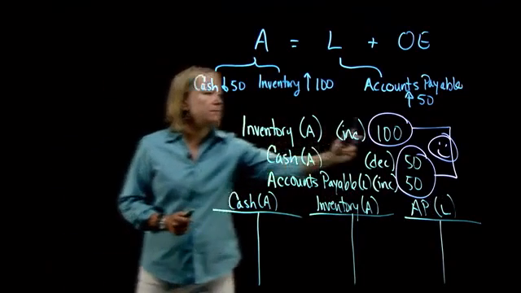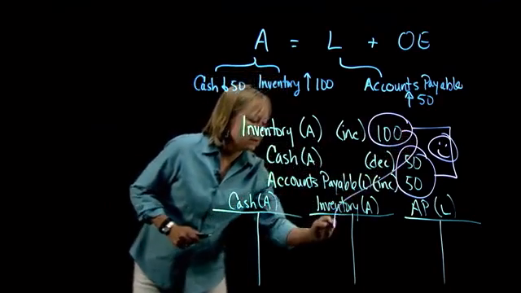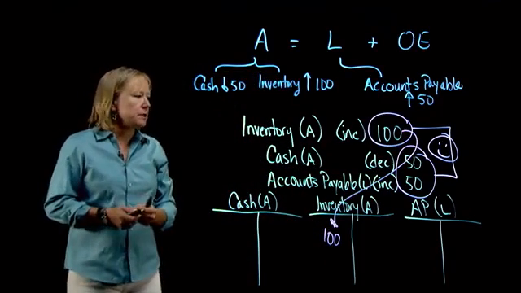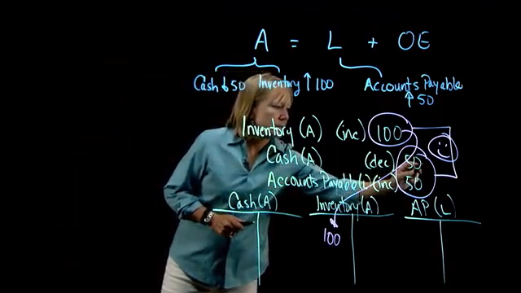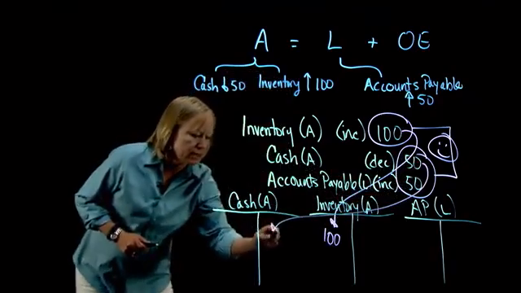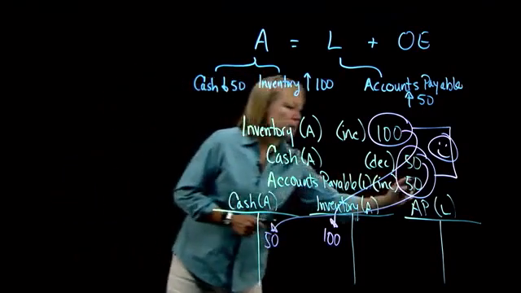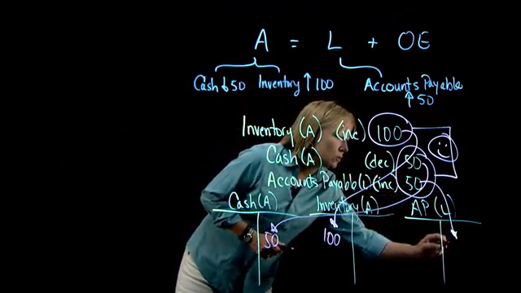Let's post the left side entry or debit to the inventory account to the left side of the inventory T account. We'll post the right side entry to cash to the right side of the cash T account. So that's a decrease in cash. And then we'll post the right side entry to the accounts payable account to the right side of that T account.